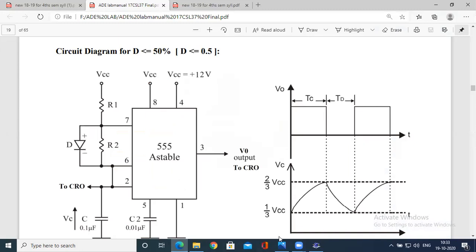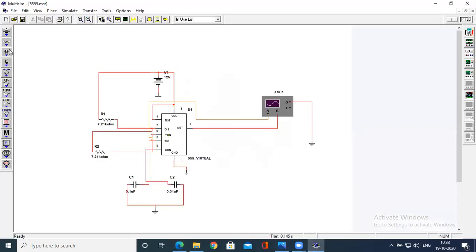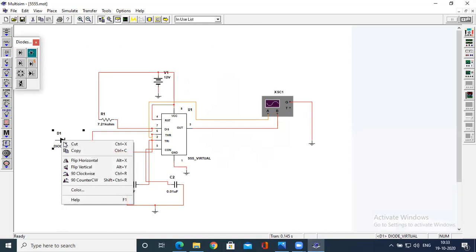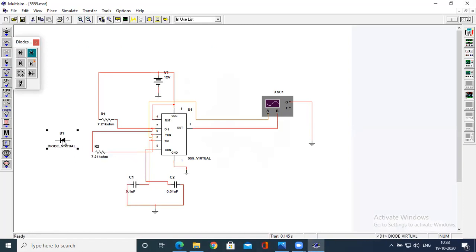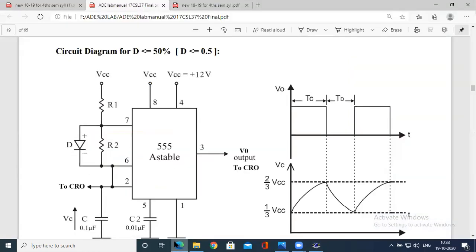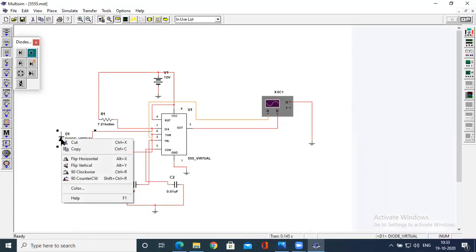Between 6 and 7, you take a diode. Okay, we'll take a virtual diode only. As per the diagram, we'll just make it convenient.